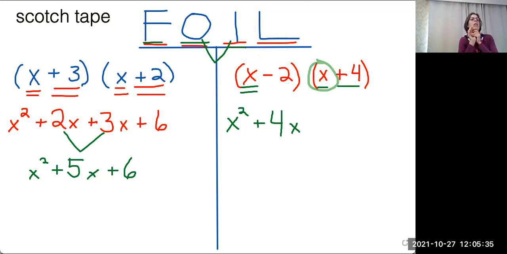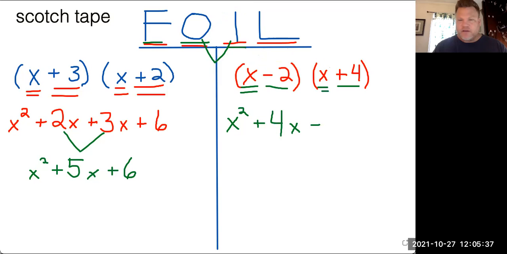Scotch tape them together, because we can't multiply them since we don't know what x is. So we just put them together. And then L stands for last, which is these two. And -2 times positive 4 is -8.